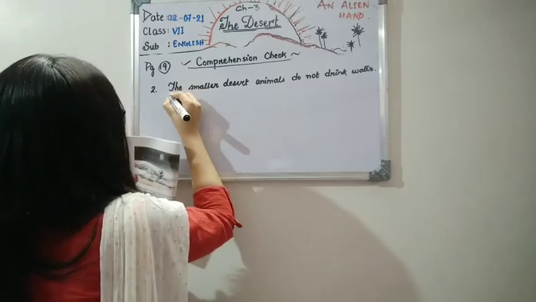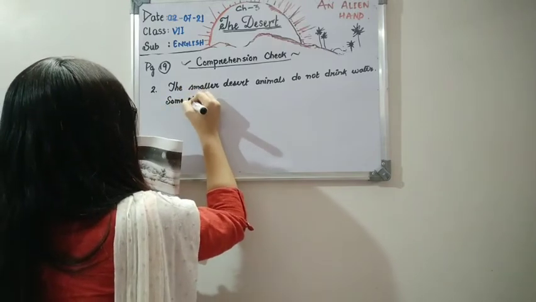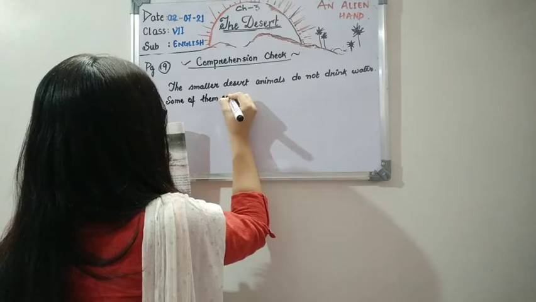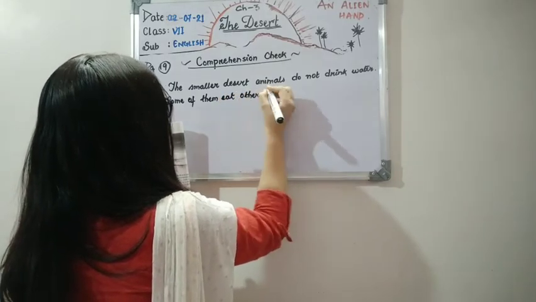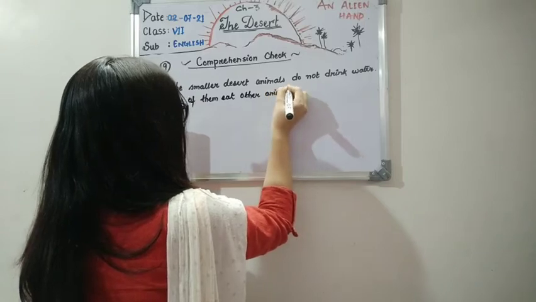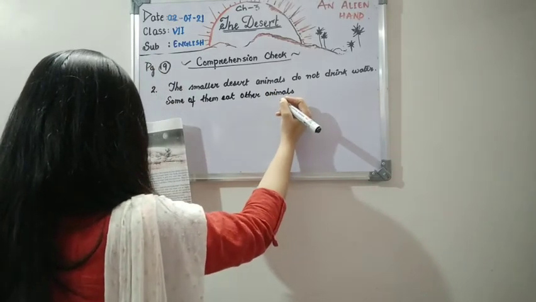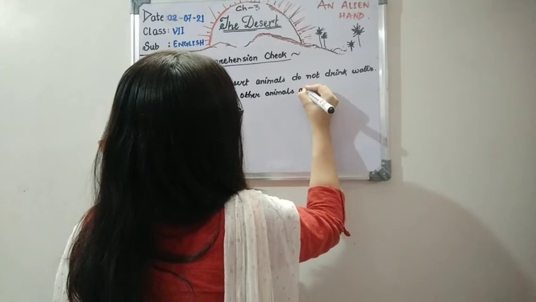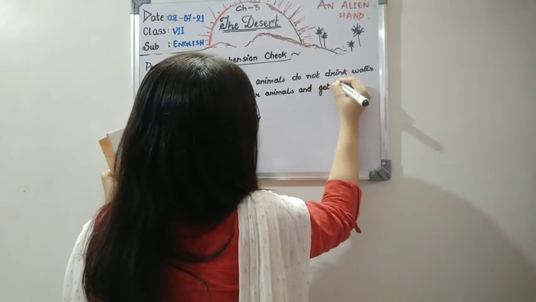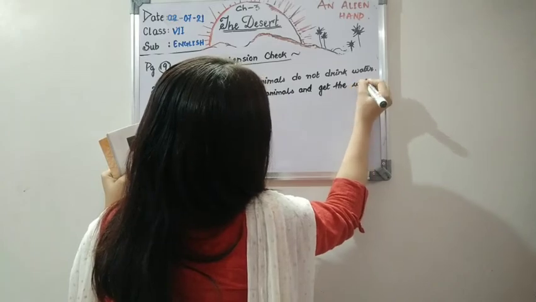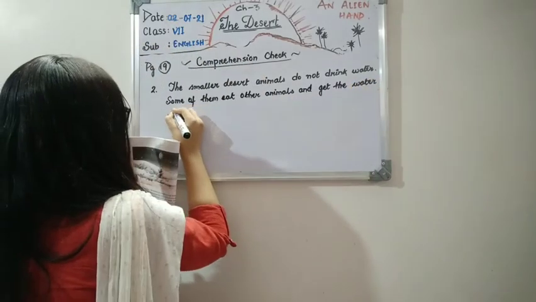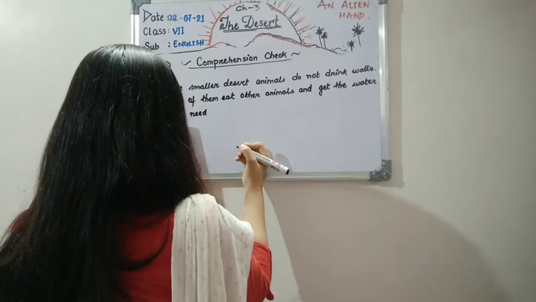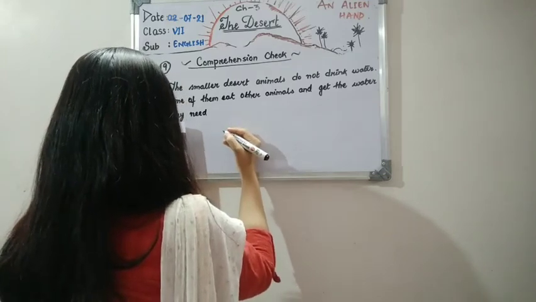We'll just be writing some of them eat other animals and get the water they need from the moisture in the meat.